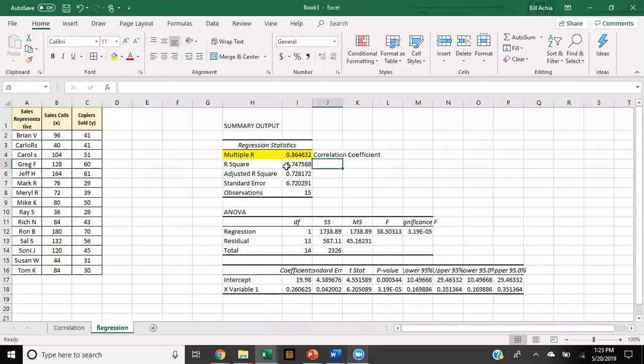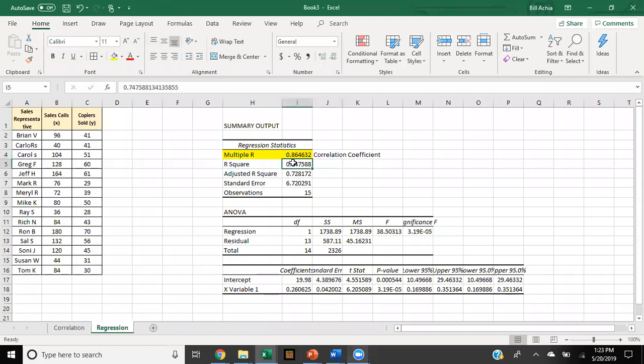Okay, then you have what's called your R squared, which is basically you taking your multiple R, squaring that value, and come up with a figure for your R squared. And I'll discuss that because that's an important value for any regression analysis.